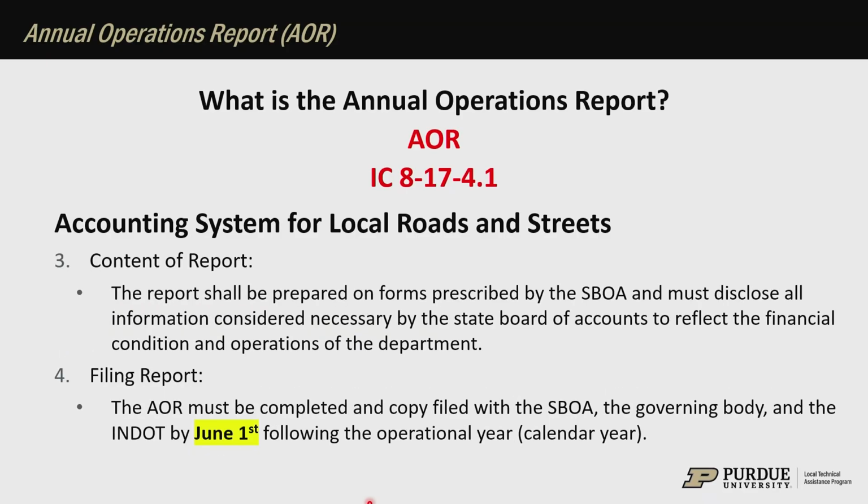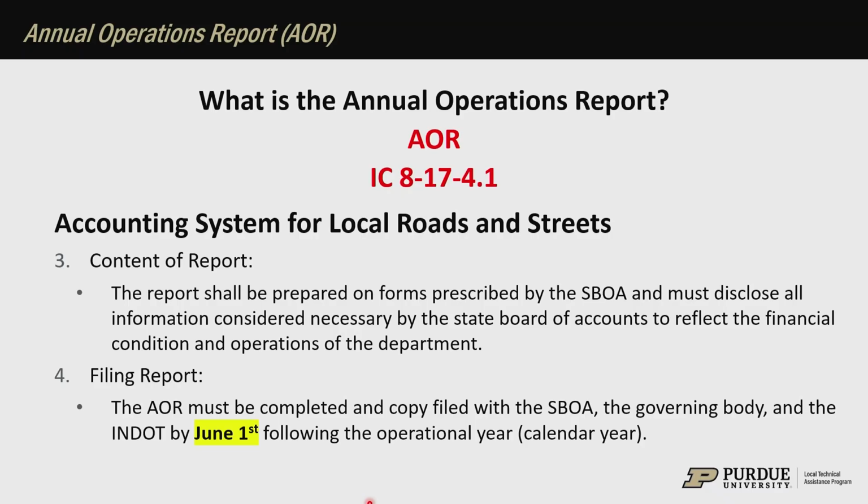The other part to highlight here, according to statute, the annual operations report must be completed and a copy filed with the State Board of Accounts, the governing body, and INDOT by June 1st, following the operational year, so calendar year. We just wrapped up calendar year 2025, so we're going to be reporting the calendar year 2025 receipts and disbursements for your highway and street departments by June 1st of 2026.